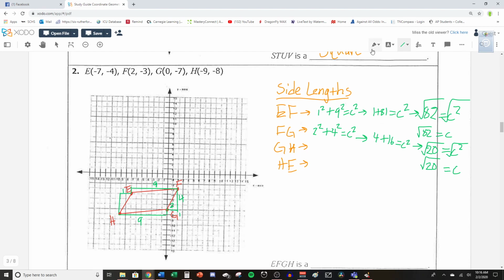So this is 1, 2, 3, 4, and 2. So we can see that these opposite sides are going to be congruent. We know that this is going to be square root of 82. C equals square root of 82. And on this one, C equals square root of 20. So we're going to say, first off, opposite sides are congruent.